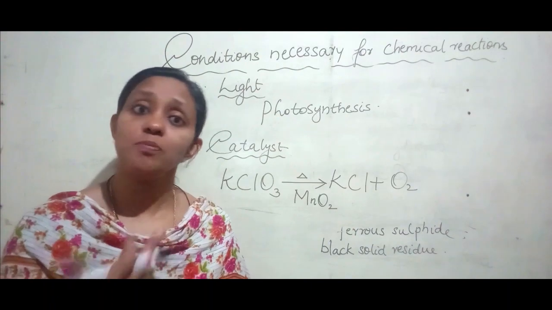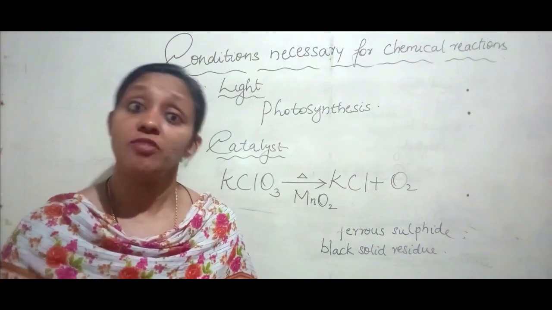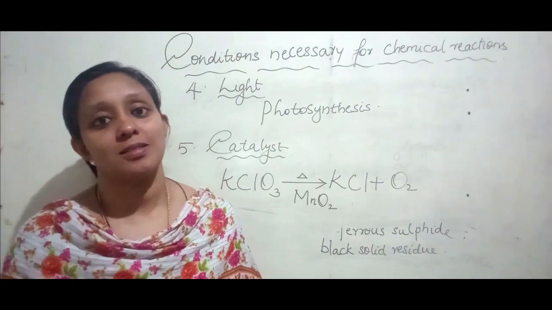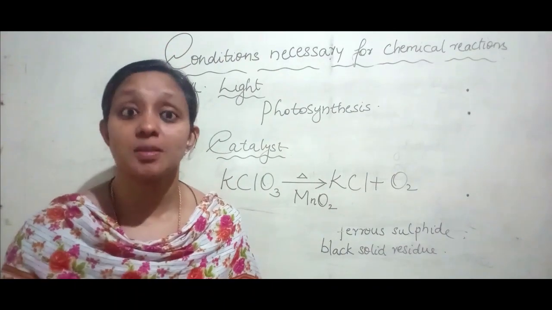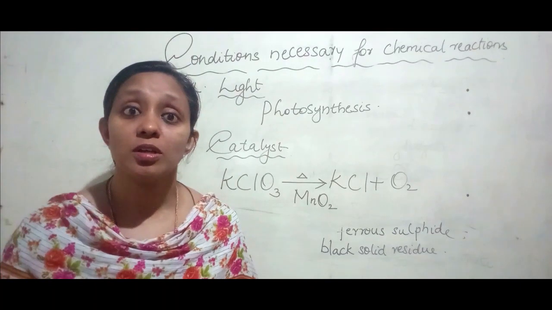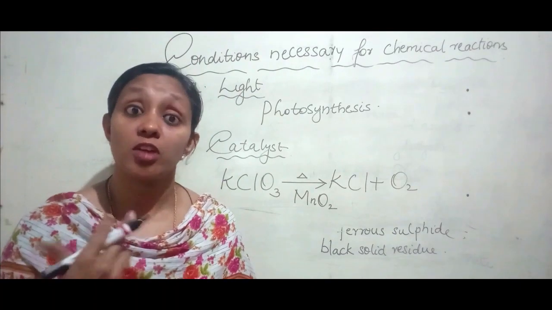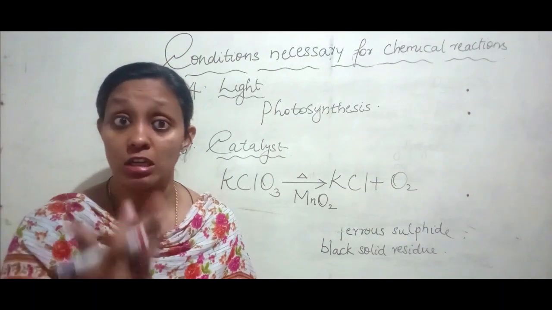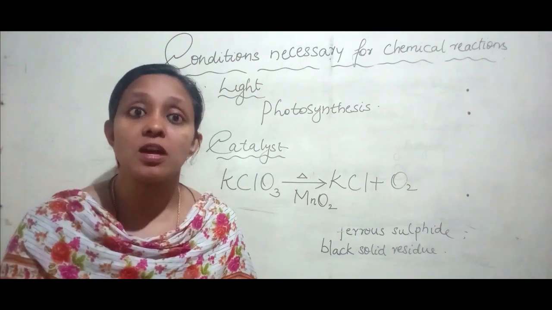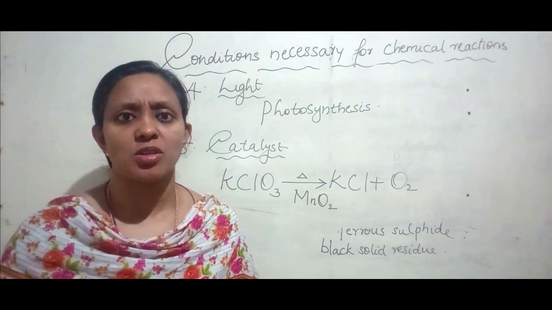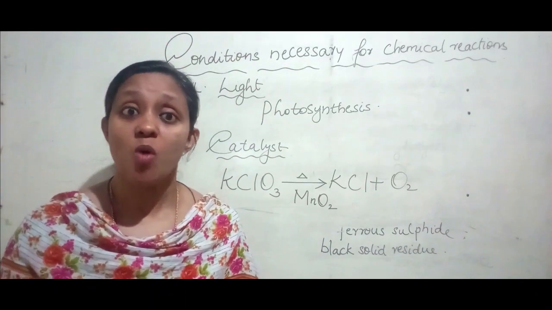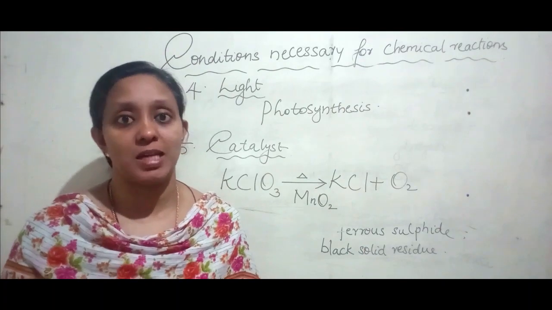We do have a number of catalysts used in various reactions. And now let us see what is a catalyst. A catalyst is a substance which changes the rate of a chemical reaction, which increases or decreases the rate of a chemical reaction. What do you understand by the term rate? The speed. How fast the reaction will take place.